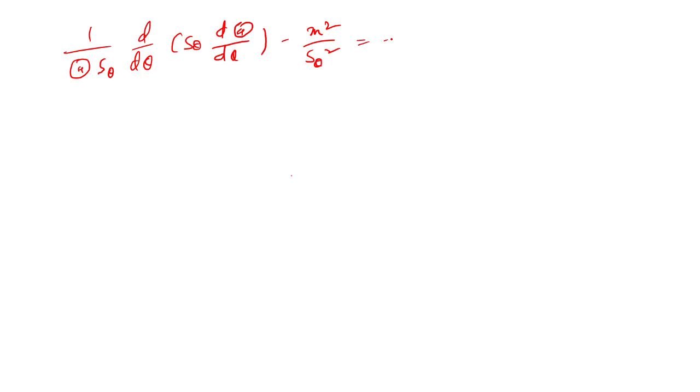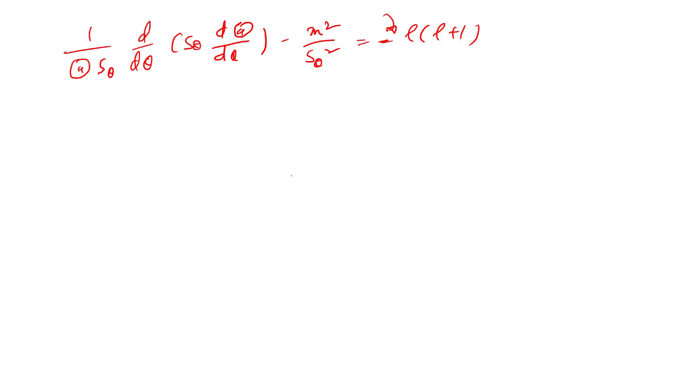So we have 1 over Theta sine theta d by d theta of sine theta d Theta by d theta minus m square by sine theta square is equal to minus L into L plus 1. Here we have a minus sign. Recall that we equated the R part to plus L times L plus 1 and the theta part to the negative of that, so that they could cancel out in the original equation.